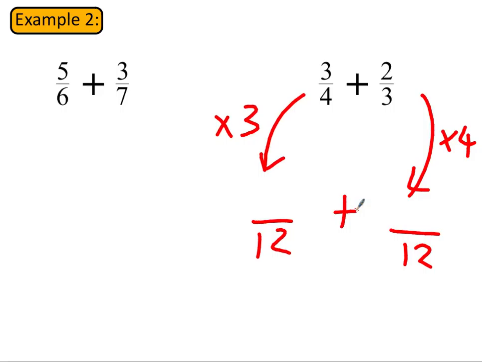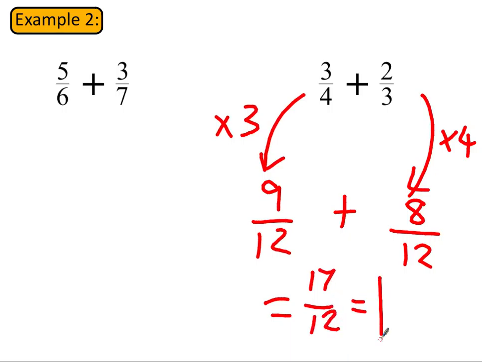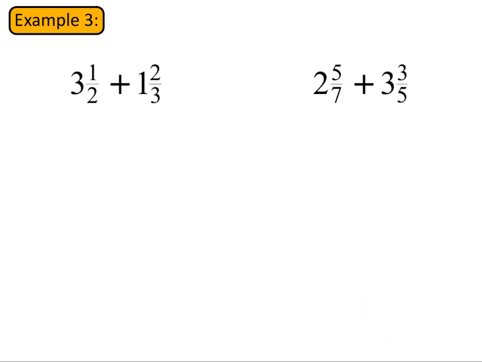So 3 times 3 is 9, so we get 9/12 there. 4 times 2 is 8, so we get 8/12 there, and if we add those together, we're going to get 17 over 12. Okay, 12 over 12 is 1, and if we've taken those 12/12 off, we've got 5 left over to make us up to 17, so we've got 5/12 left over. It's 1 and 5/12.